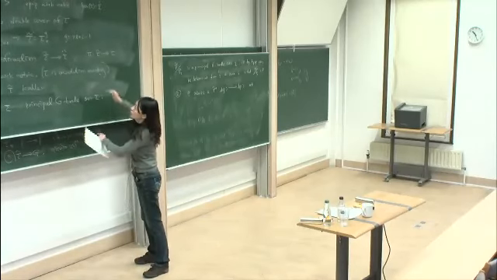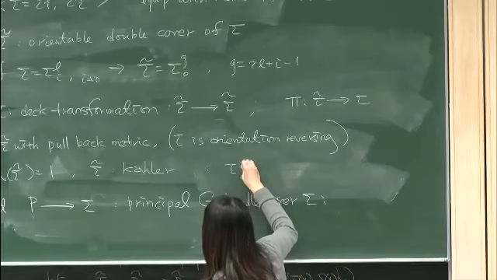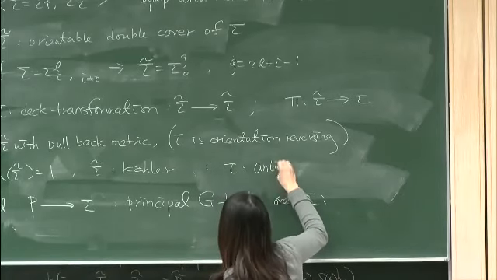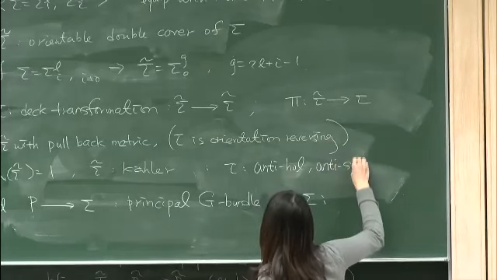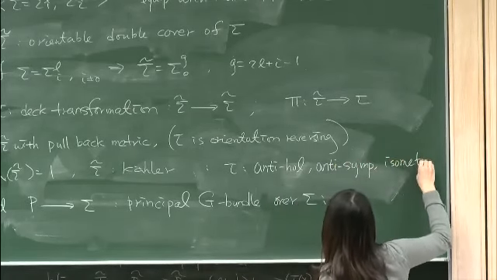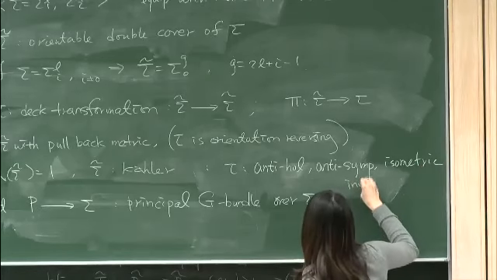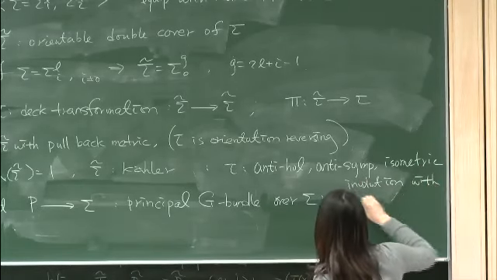So this tau, with this Kähler structure, is an anti-holomorphic, anti-symplectic, isometric involution with no fixed point.